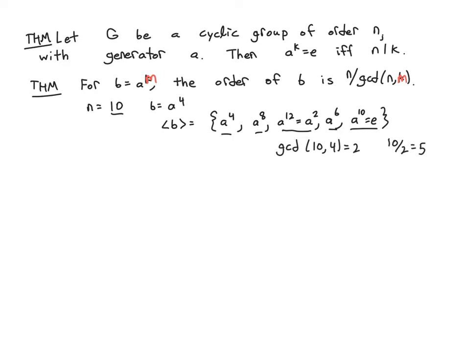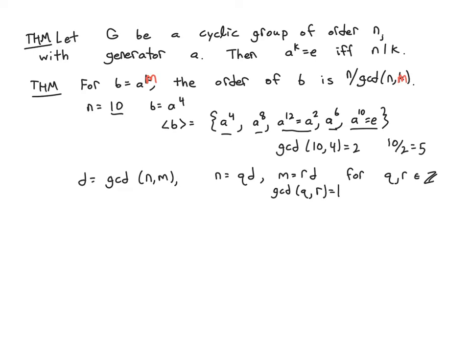So, let d be the GCD of n and m. Then n is going to have to be q times d, and m is going to have to be r times d for integers q and r. Moreover, q and r themselves can't have a common factor because, well, if they did, then d wouldn't be the greatest common divisor.